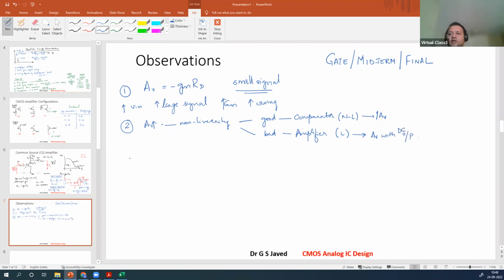Okay. Third observation. How do you minimize the non-linearity? If you want to minimize non-linearity, you have to minimize gain, right? If you want non-linearity to be lower, your gain has to be lower. For gain to be lower, your gm has to be lower. What does that mean?